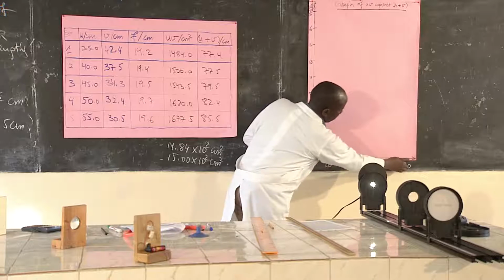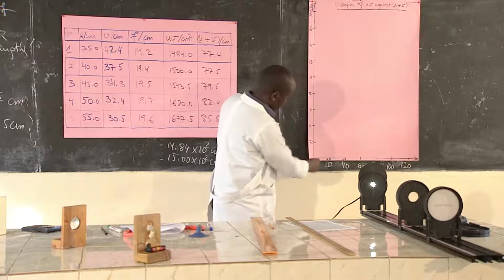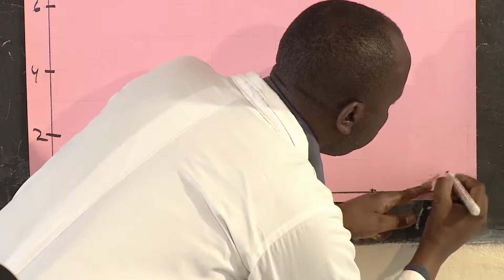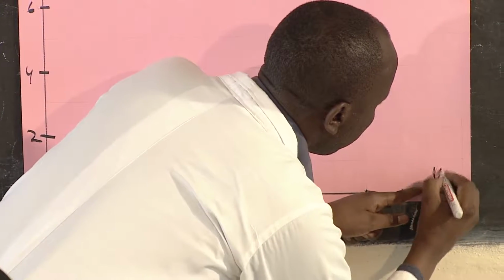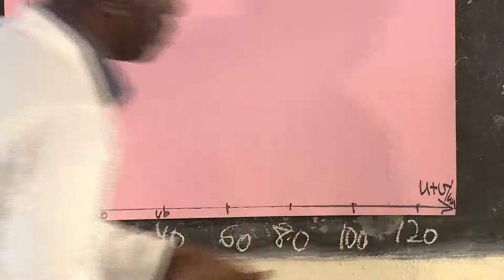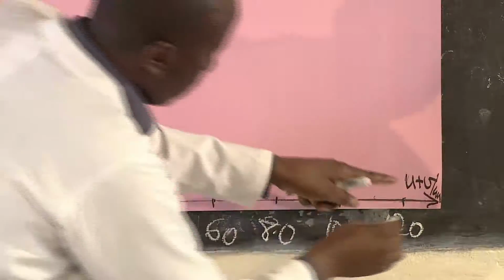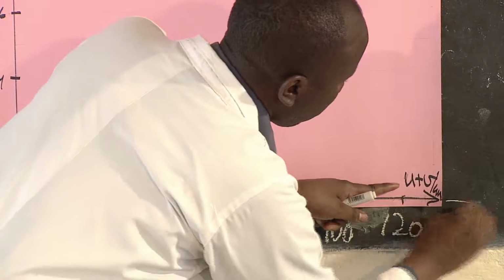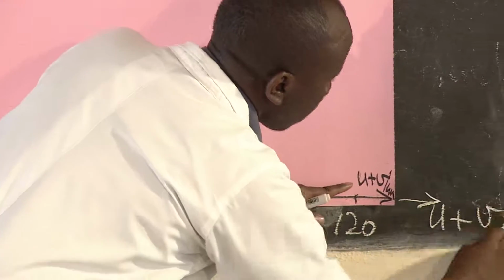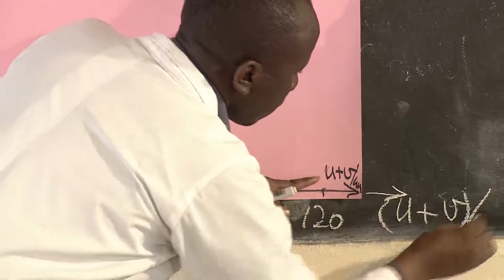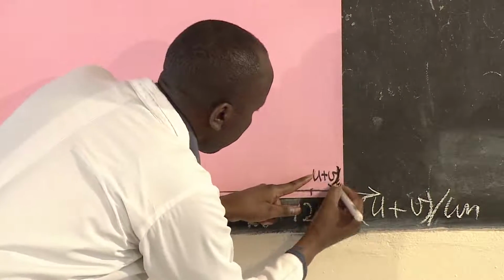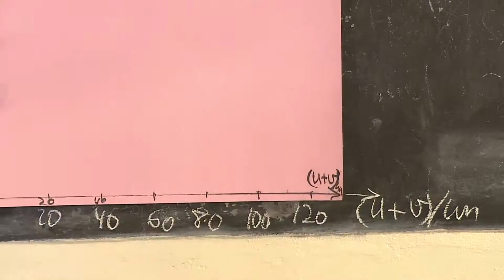Here we have the values, and you see it is graduated like that, and here we have U plus V then in centimeters. Listen, the axis that we are having here is U plus V in centimeter. Okay, students?